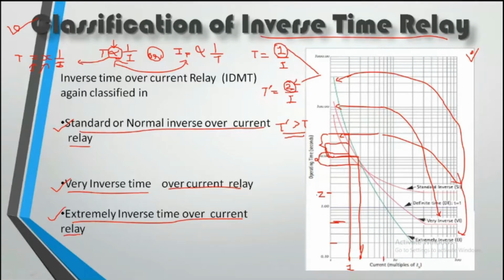So what we can see is that the difference in the operation time is getting differed by an extreme amount with this particular green graph, right?